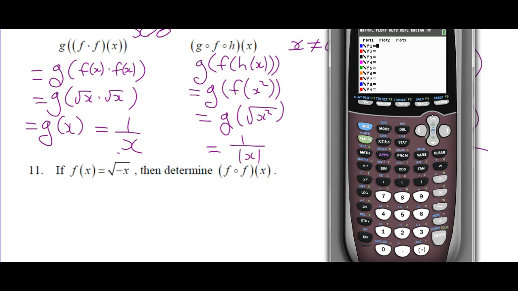The square root of x cubed plus 1 over x. Okay, square root. What do we got? 1 plus x cubed over x. Okay?